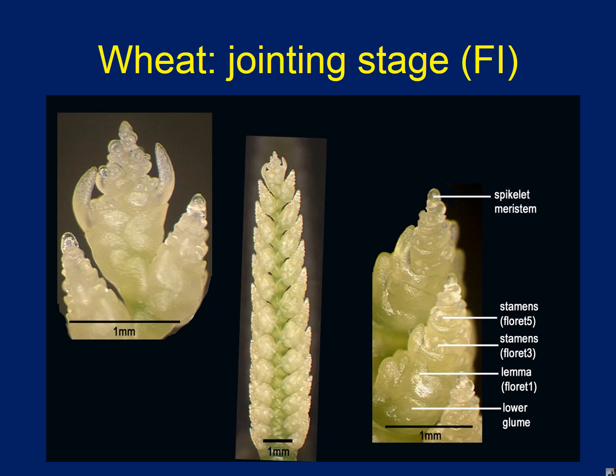This is a microscopic structure that will become the spike of the wheat plant. Look here at the scale. This would represent 1 millimeter, so this is around 2 millimeters in diameter, and this is hidden inside the stem of the plant.